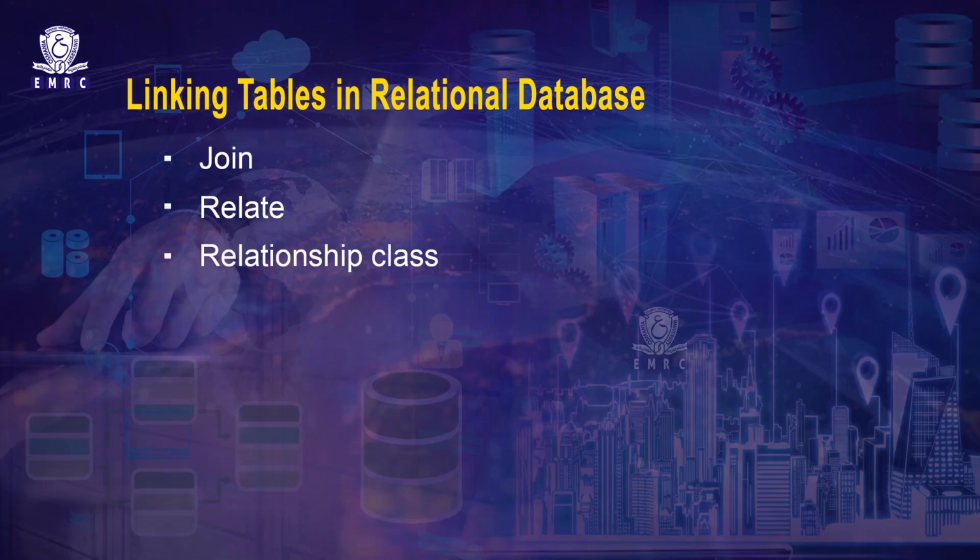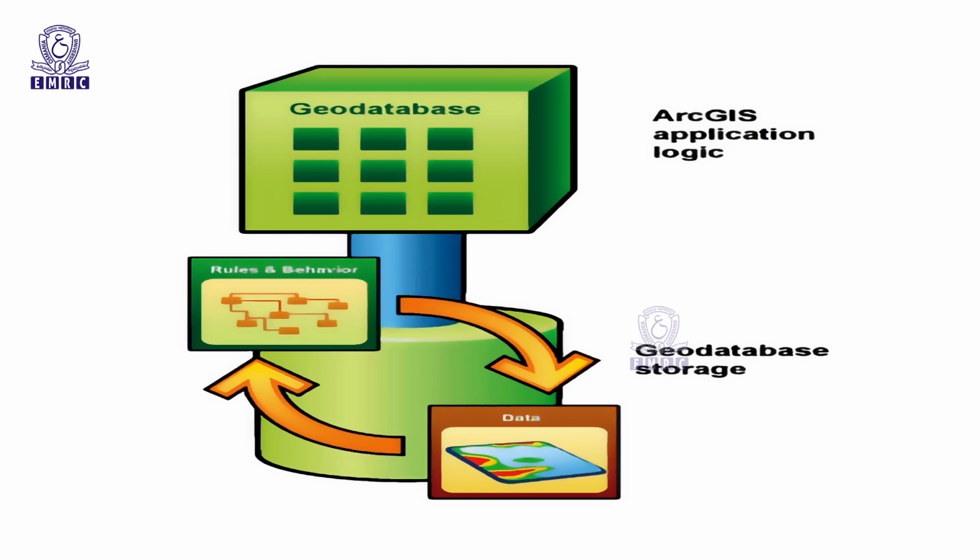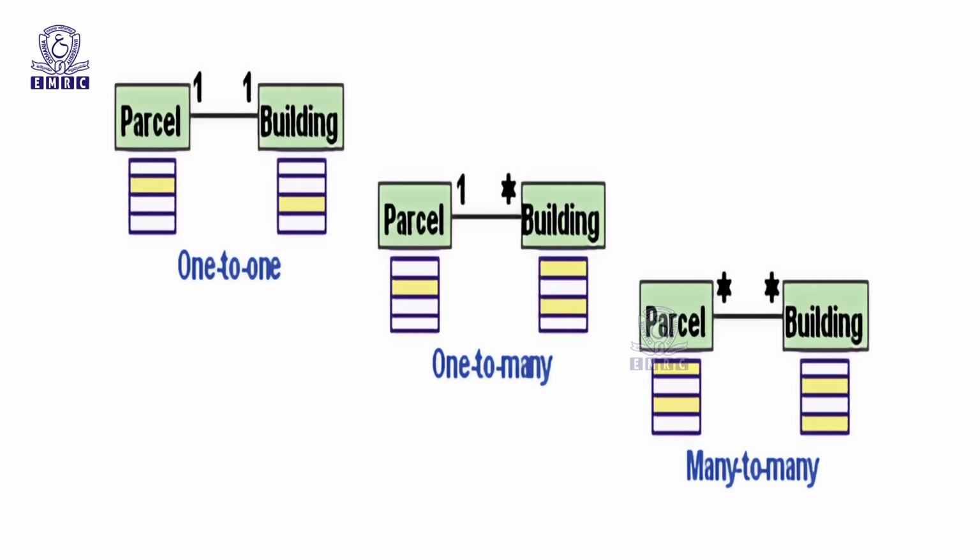Relationship class. The object based data model such as the geodatabase can support relationships between objects. When used for attribute data management, a relationship is predefined and stored as a relationship class in a geodatabase. A relationship class can have the cardinalities of one to one, many to one, one to many and many to many.